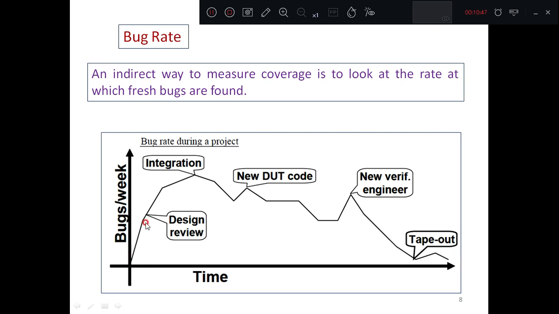Initially the bug rate is high, and as the design comes to tape out, the bug rate is almost nil. With the addition of new RTL code, a new verification engineer entering, or integration, the bug rate may increase. But near tape out, the bug rate is almost equal to nil.